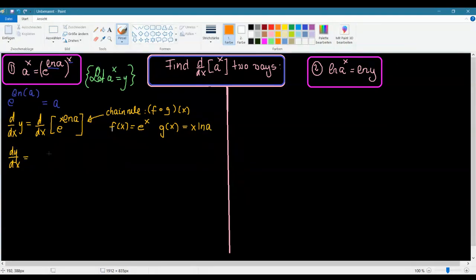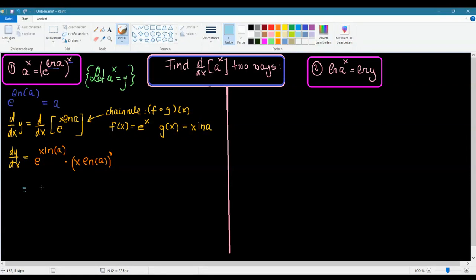All right, so we're going to have the derivative of the outer function, which is just e to the x, so it's just going to be e to the x ln a again, multiplied by the derivative of the inner function, which is x ln of a prime, right? I'm going to make that a whole other step. We're going to need a new color to keep things easy to understand.